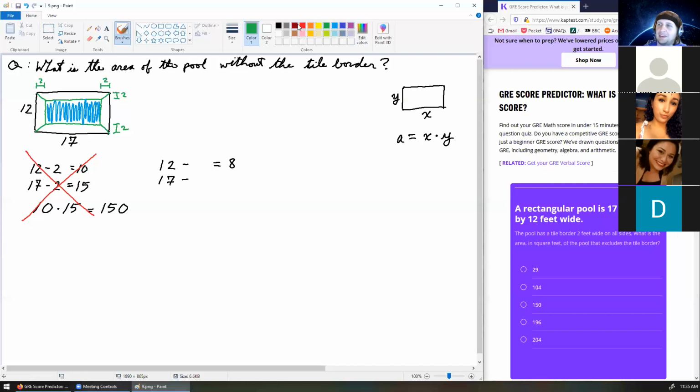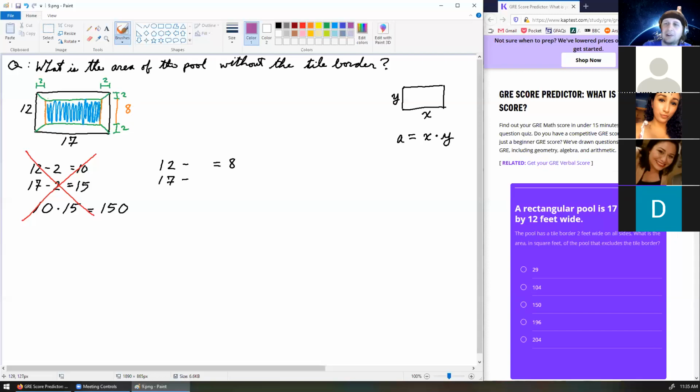So if we've got 2 here and 2 here, then what's left for this orange side? Eight, right? Wouldn't that be 8? Yep. 2, 8 and 2, that's 12, right?